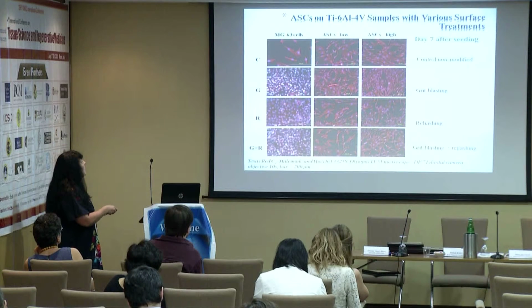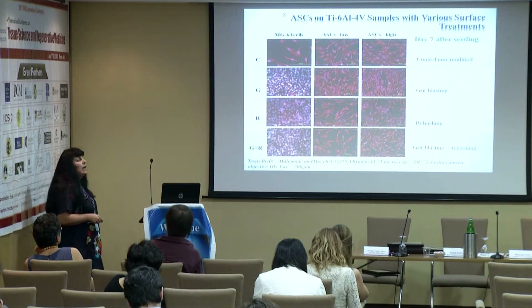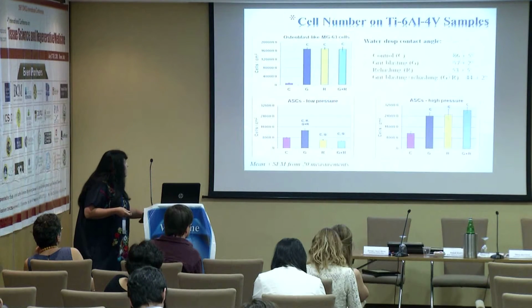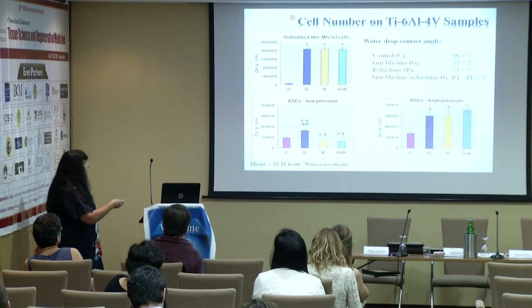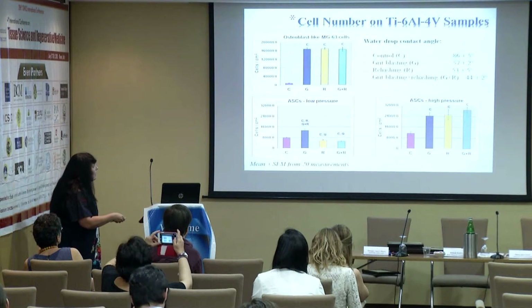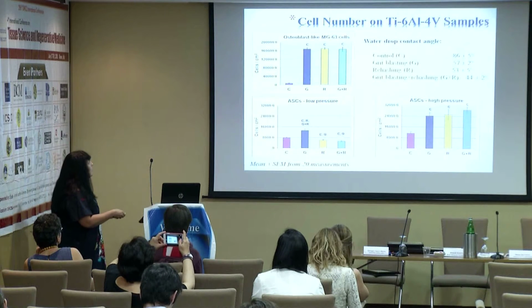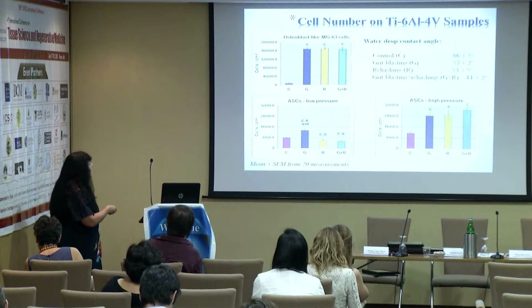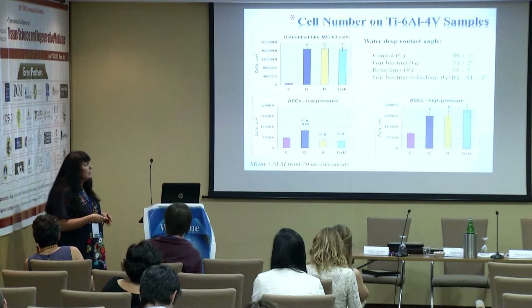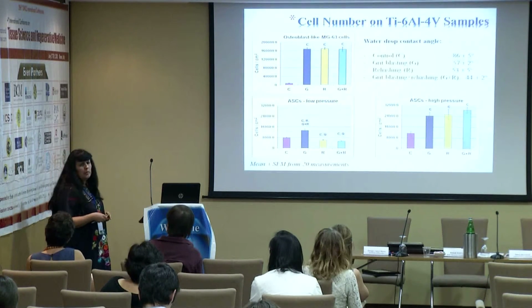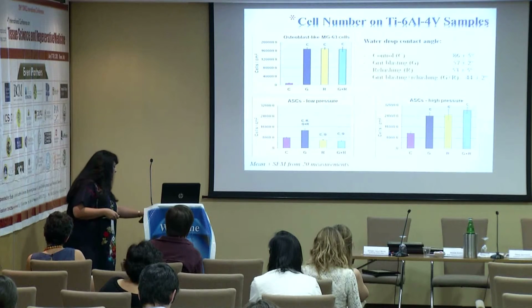You can see all modifications are friendly for the cells, but under high pressure the cells react more sensitively to surface treatment. Proliferation was very good, similar to cell lines, but under low pressure the cells proliferated very slowly and were not very suitable for testing of materials.